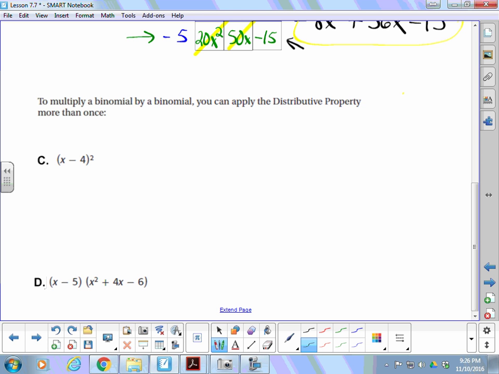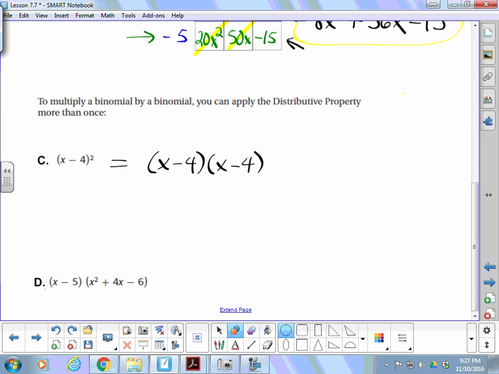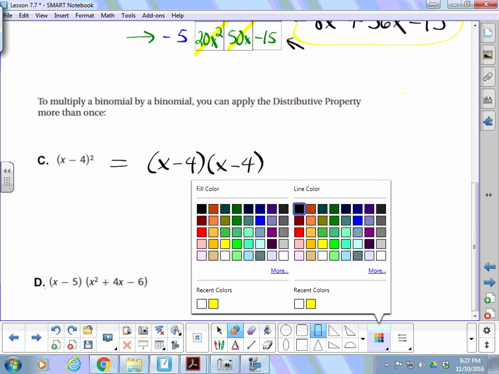All right, so here we have letter C, x minus 4, that quantity squared. So the first thing we have to remember is this is equal to x minus 4 times x minus 4. And so we're going to use the distributive property twice when we do this horizontally. So what that means is I'm going to make a little box here to help us out.